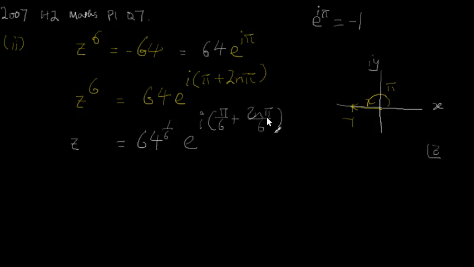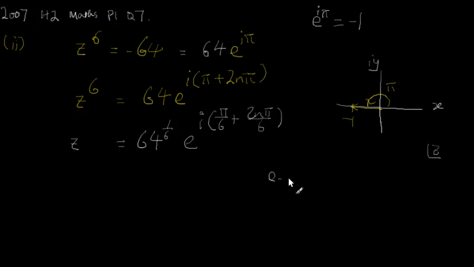Now if I do this, then for different n's, I can actually get different answers for this. But they're not all different. They're only different for maybe 6 possible values of n.